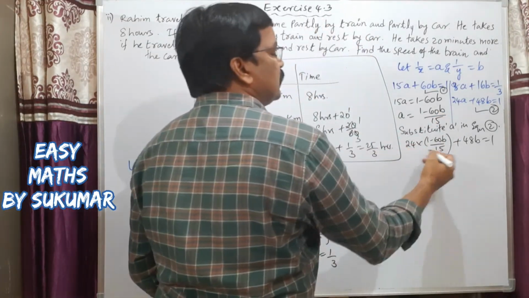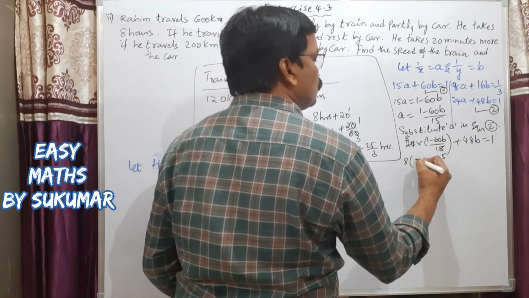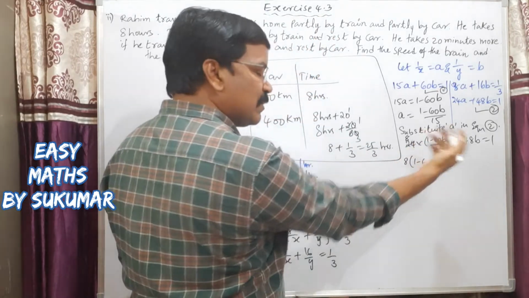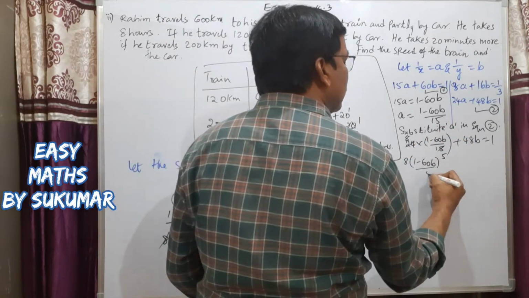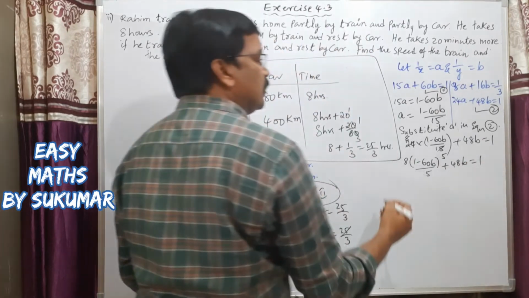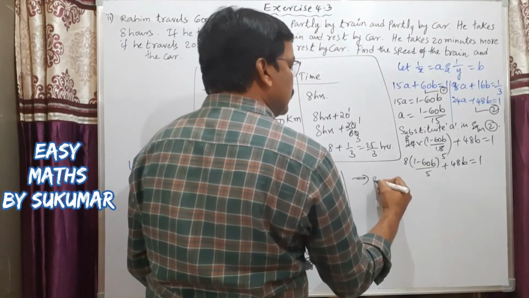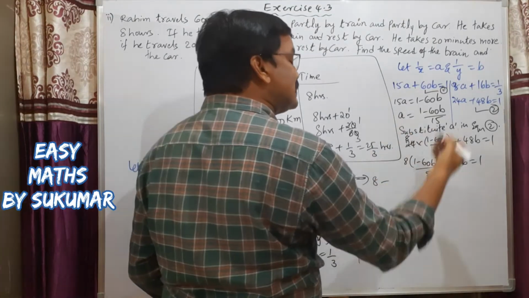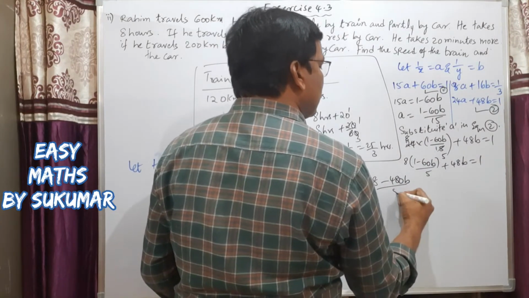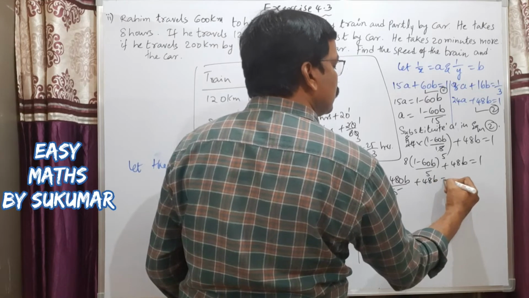Now here 3 5s are 15 and 3 8s are 24, so that means 8 into 1 minus 60b by 5 plus 48b is equal to 1. Let us multiply with 8 now. That means 8 into 1 is 8, minus 8 60s are 480b, by 5 plus 48b is equal to 1.